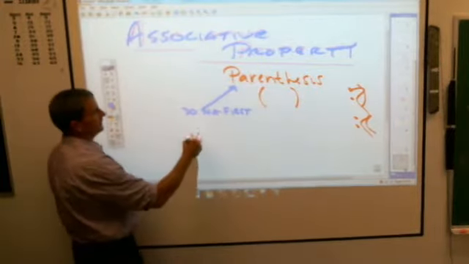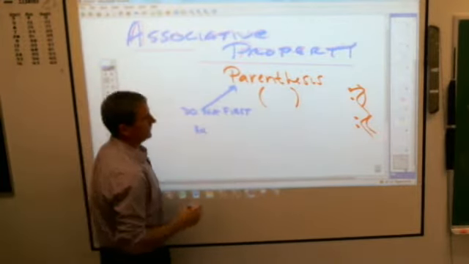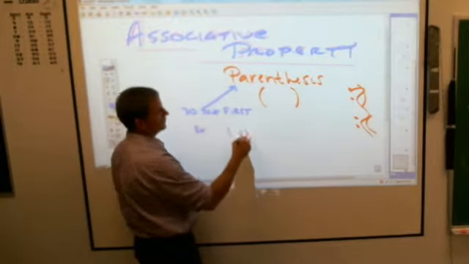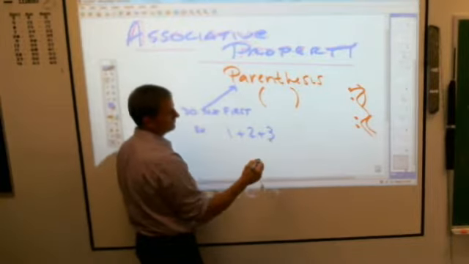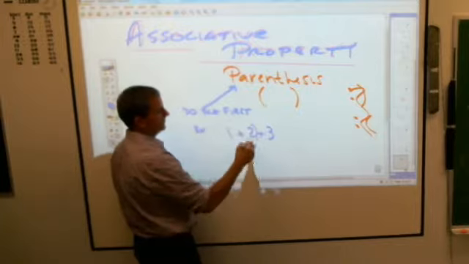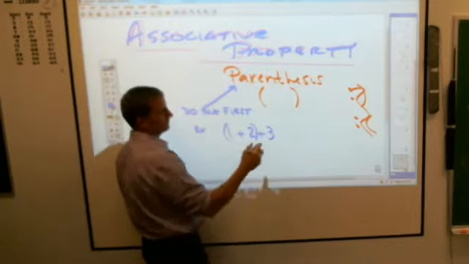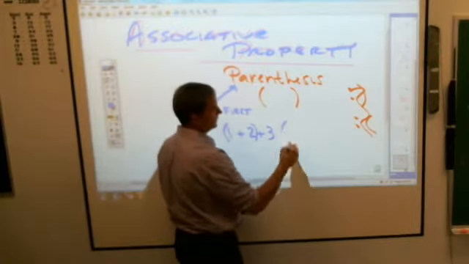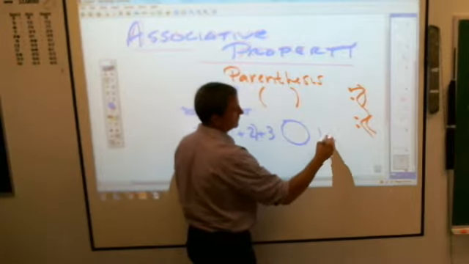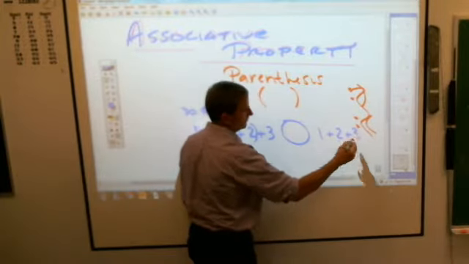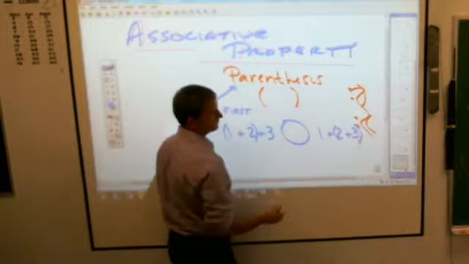And I will give you an example for this. Let's say I have this, 1 plus 2 plus 3, and there's a parenthesis here. And I'm looking at this also here as 1 plus 2 plus 3, and there's a parenthesis there.